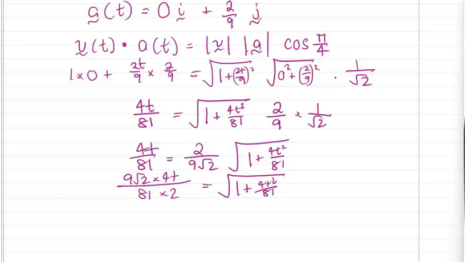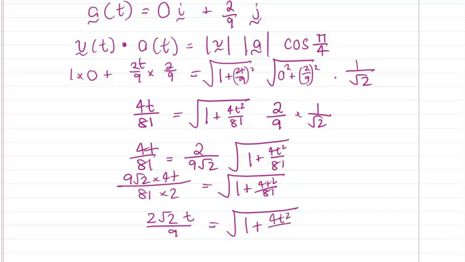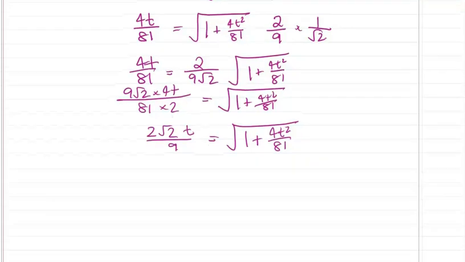Okay, so just tidying up that left-hand side, I've got 2 root 2 t on 9 equals the square root of 1 plus 4t squared on 81. Now I'm ready to square both sides.